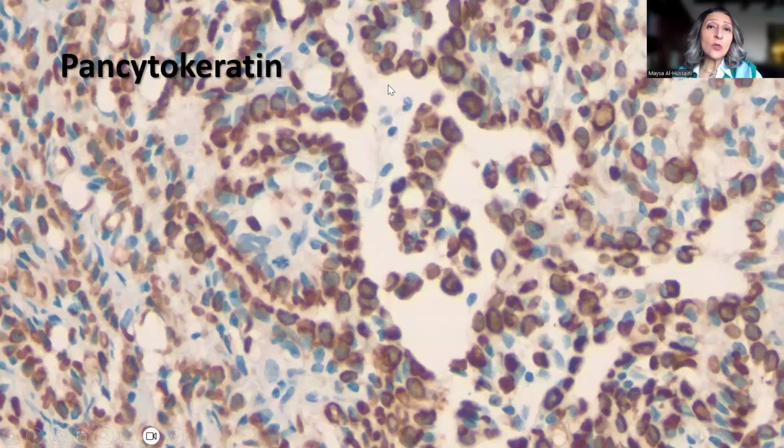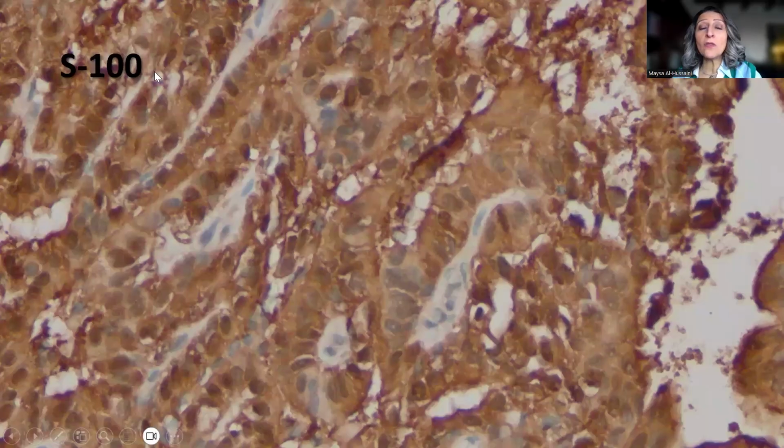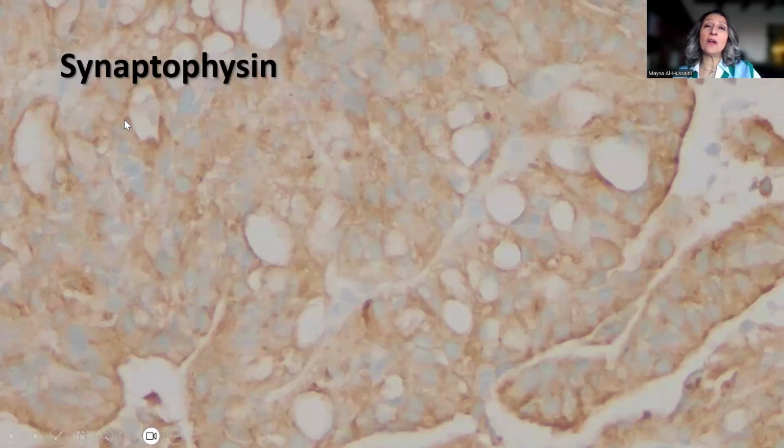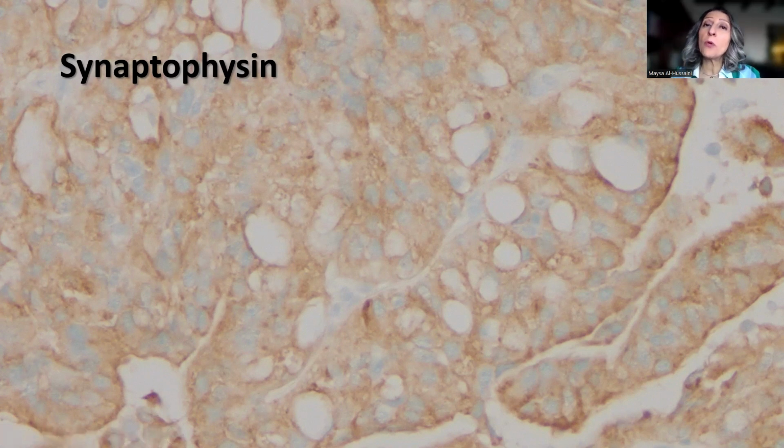So further into immunostains, the tumor cells were diffusely positive with pan-cytokeratin, also with S100 showing positivity both in nuclear and cytoplasmic, as well as synaptophysin. And this is the typical immunohistochemical staining profile for choroid plexus tumors in general.